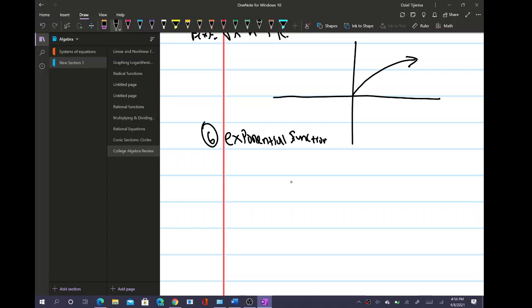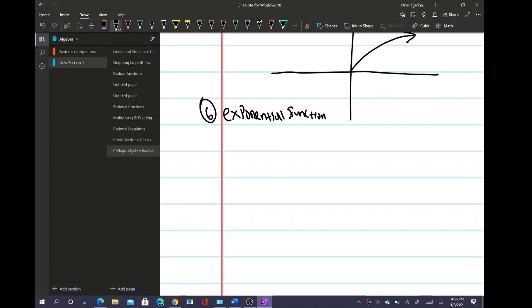Now, the exponential function, the parent function for that is e to the x. I don't know whether to call this a power function, because a power function is different.